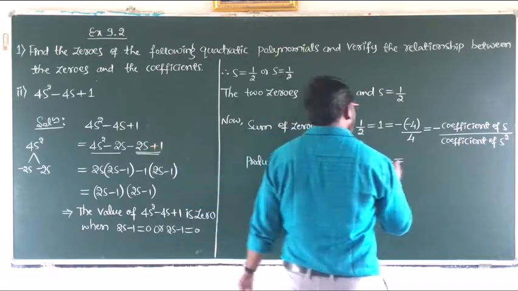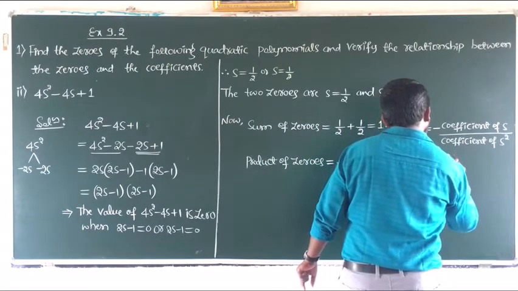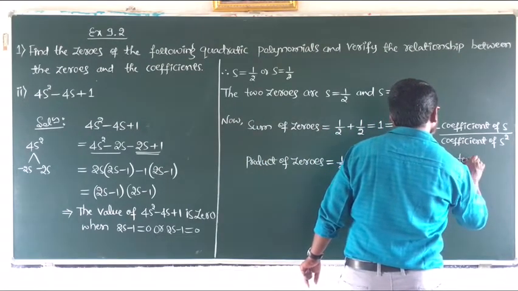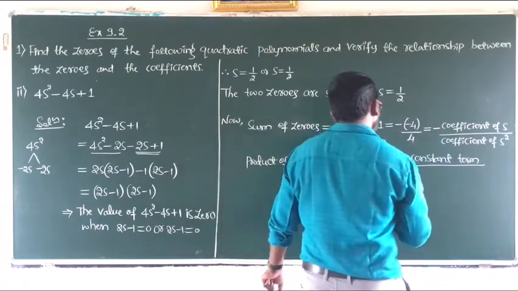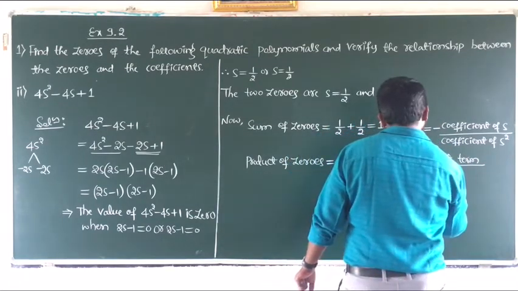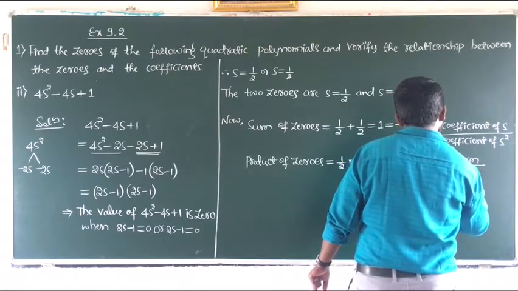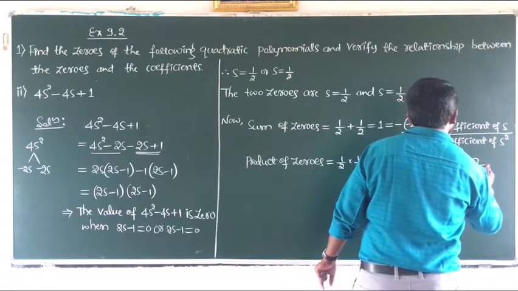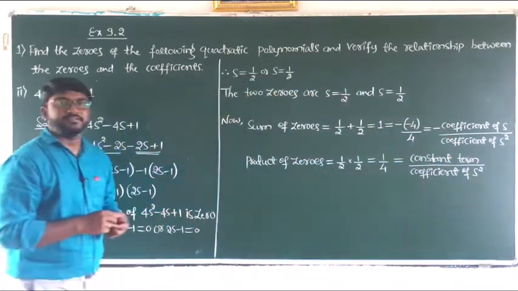It is the constant term. Then divided by 4, that is the coefficient of s square. And hence we have verified the result.